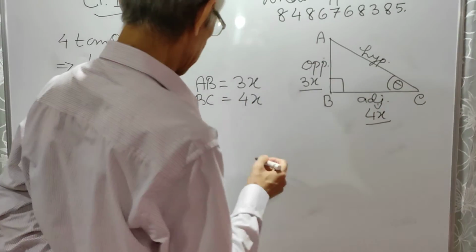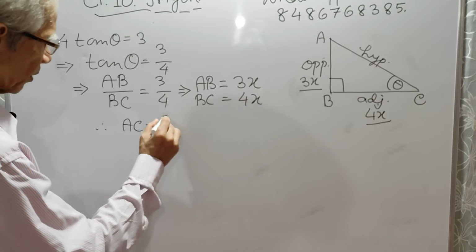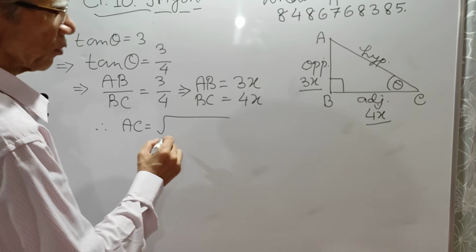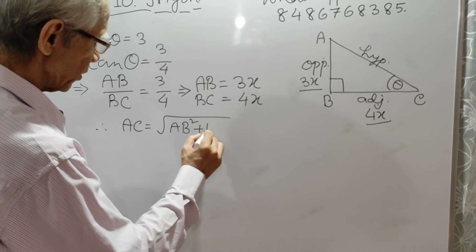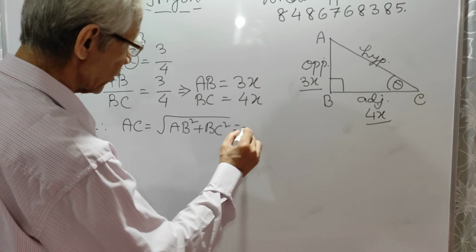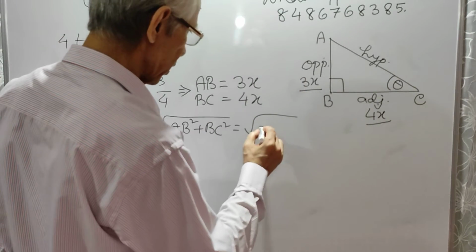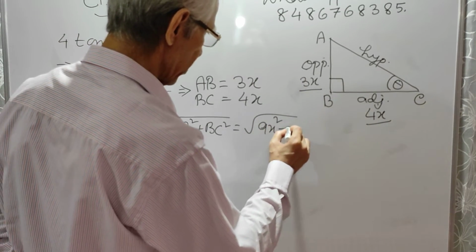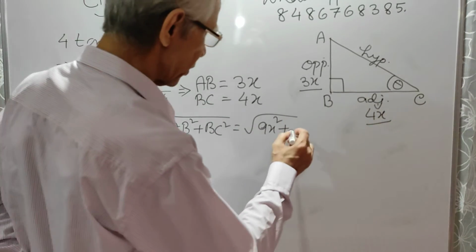Now you can find out AC. AC equal to, using Pythagoras theorem, square root of AB square plus BC square. AB square is 3x whole square, that means 9x square, plus BC square, BC is 4x whole square, that means 16x square.